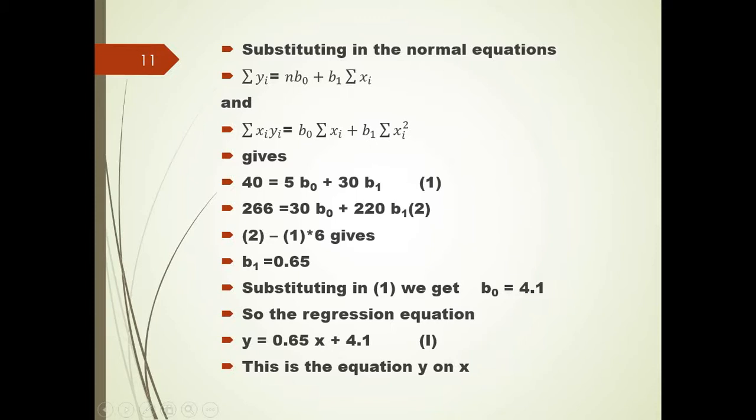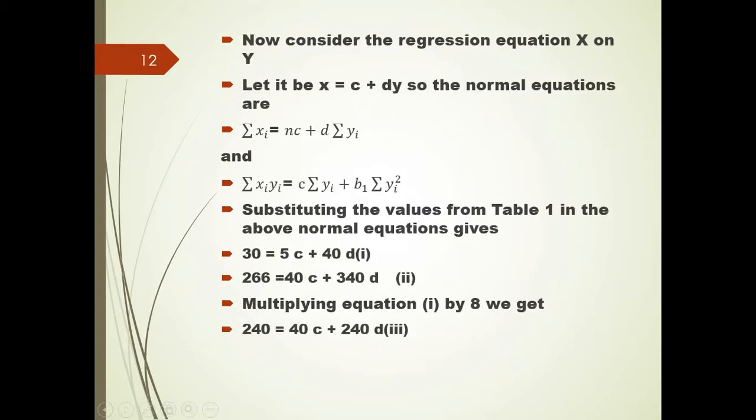So we substitute in the first equation y equal to b naught plus b1 x, which reduces to y equal to 0.65x plus 4. This is the equation of y on x. The first one we write is the dependent variable, and the second one is the independent variable.